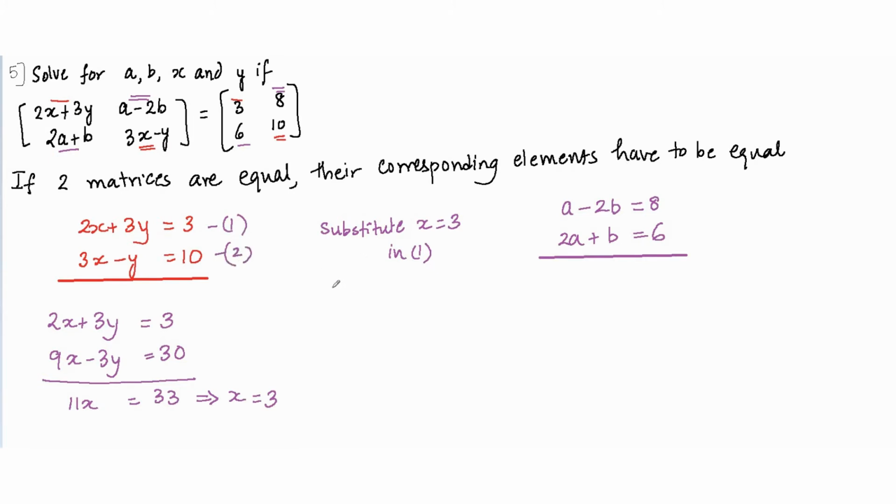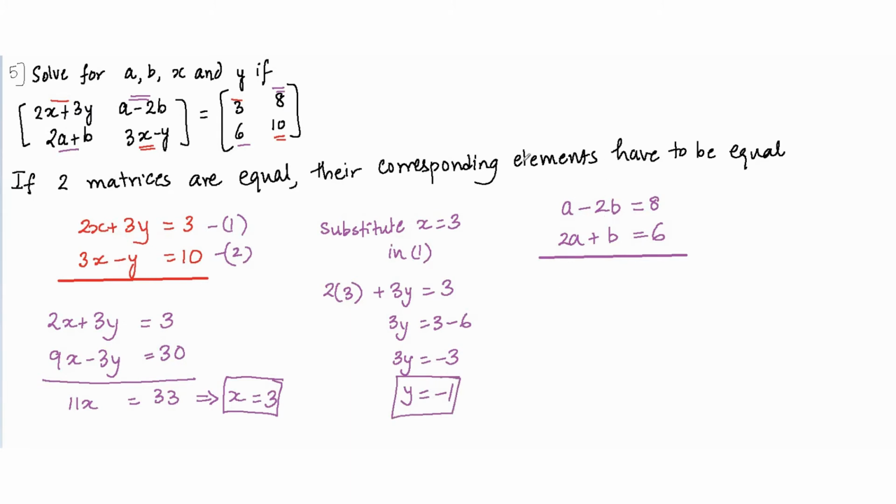So in the first equation, when I substitute x as 3, I get 2 times 3 plus 3y is equal to 3, which means 3y is 3 minus 6, which means 3y is minus 3 and therefore y equals minus 1. So the value of x is 3, let me box it, and the value of y is minus 1.